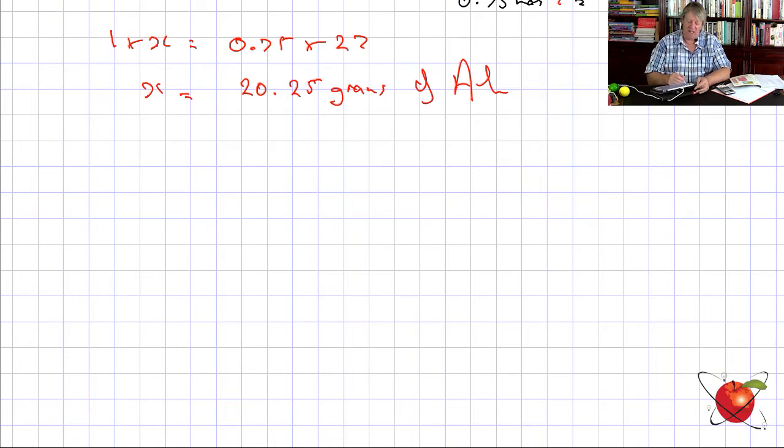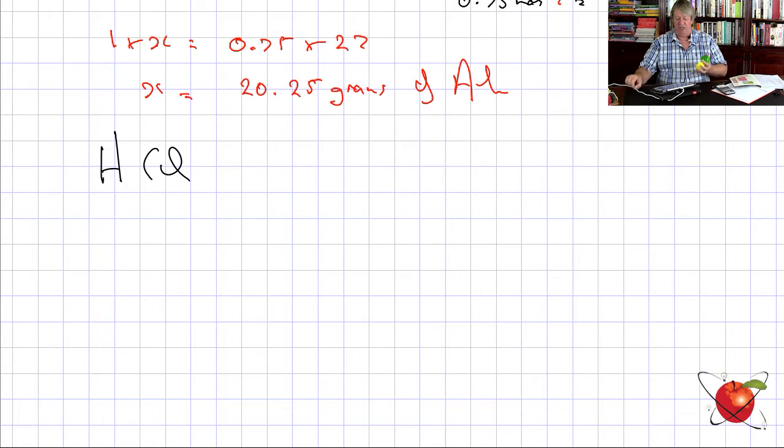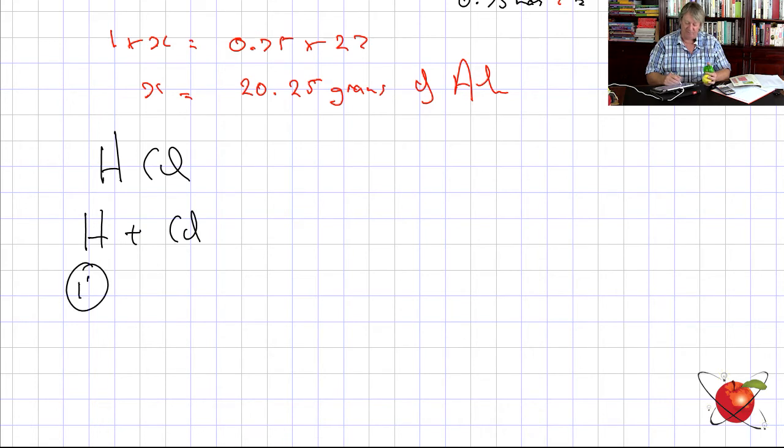Now we've got 2 different things. What does this actually mean? What does it consist of? We've got 1 hydrogen plus a chlorine atom. These 2, a hydrogen and a chlorine.